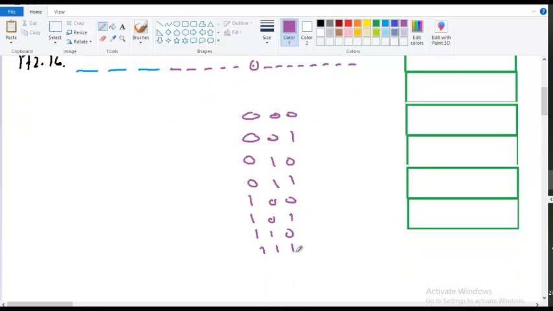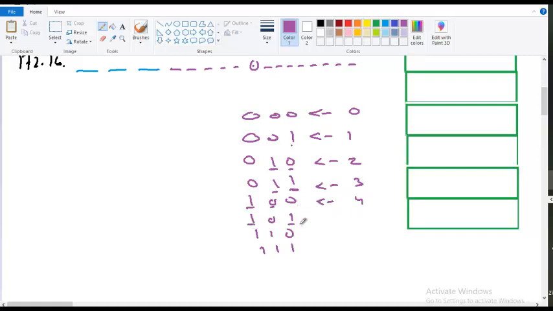If you're not from a computer science background, then it will be a little bit new to you. Now let me explain in binary. This is 0. This is 1. If you have 1 here and 0 here, then it is 2. This 2 plus this 1 is 3. And if you have 1 here and 2 zeros, it is 4.